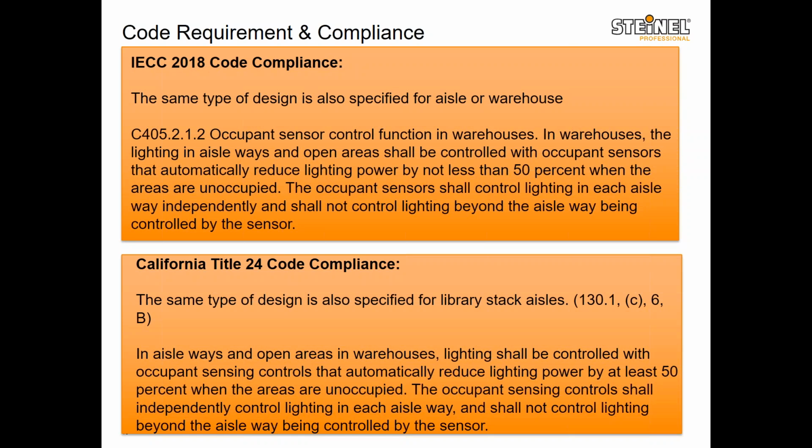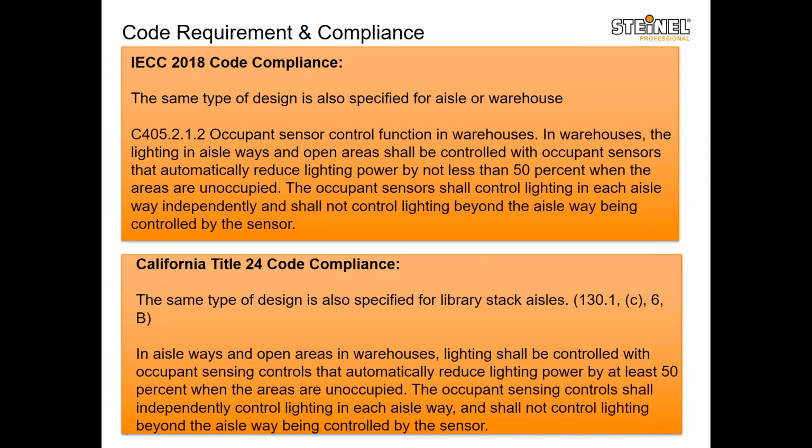And so in a warehouse aisle, it's specific in that you will either turn the lights on or off in that specific aisle, or you can go high-low. The code allows you to reduce the lighting by not less than 50% with using an occupancy sensor. And again, it's important that it's isolated to that particular aisle and you're not controlling any of the lights outside of the aisle.